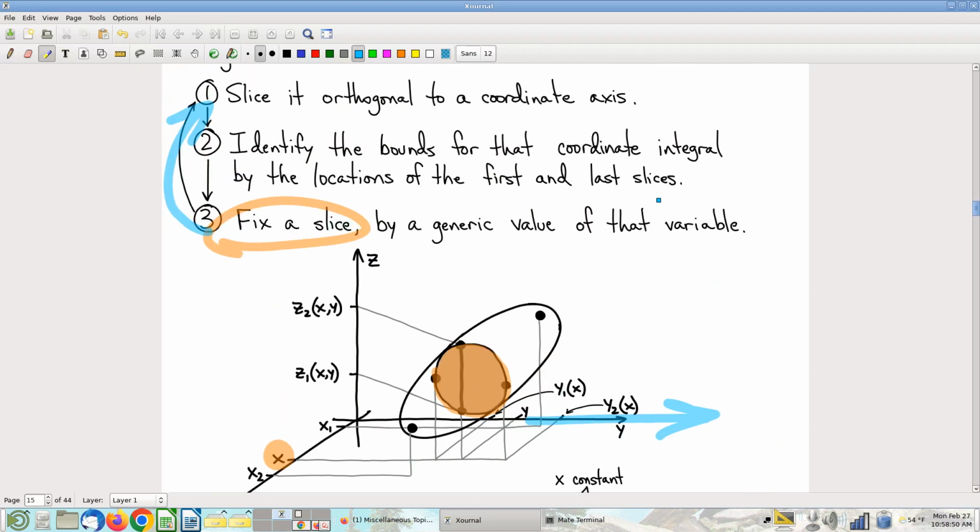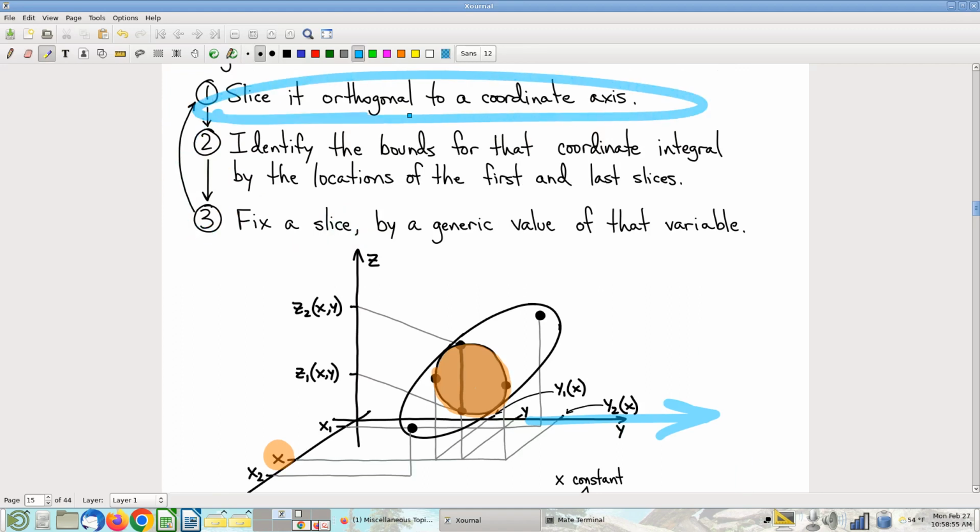And the process repeats. Specifically, we're going to slice perpendicular to the coordinate axis. Now, think through, what does it look like when I take a slice perpendicular to the y-axis? Slices are vertical planes like that. We have now a little bit of a geometry challenge. What happens when I take my existing x slice and slice it perpendicular to the y-axis?